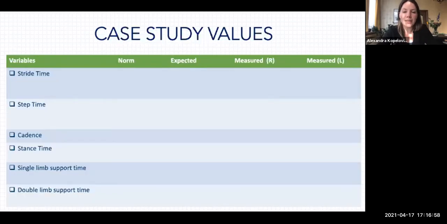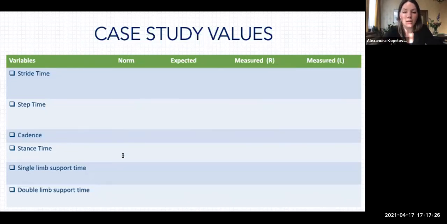So this is my universal slide for this presentation, and I think it's a great slide. At the end of this presentation, we will be completing this entire chart, and you can take a screenshot just for yourself. This way, you know how to calculate every single variable. The first column is the variables that we will cover today.